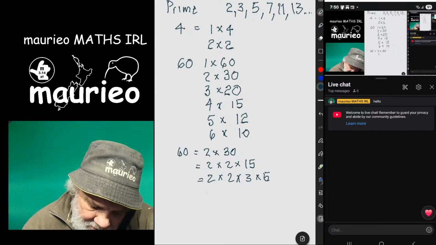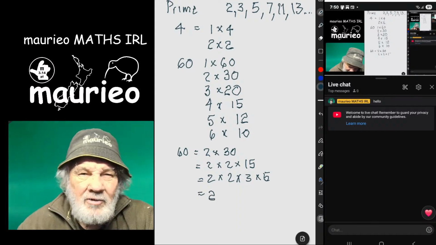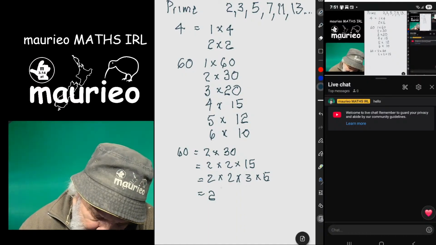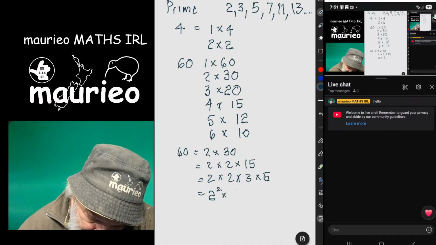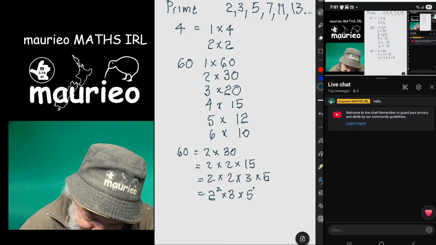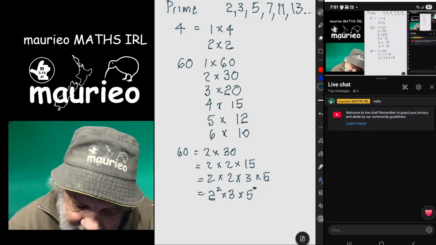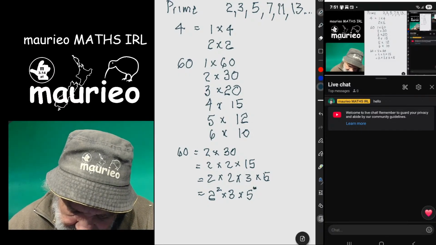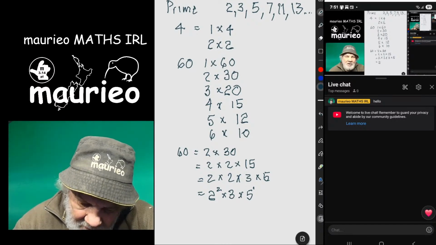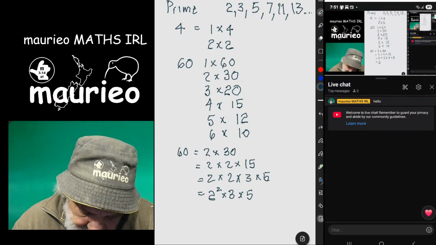We use a little square notation there, and we say that's 2 squared times 3 times 5. And that's it as a product of its primes. Yes, just got a bit carried away there.